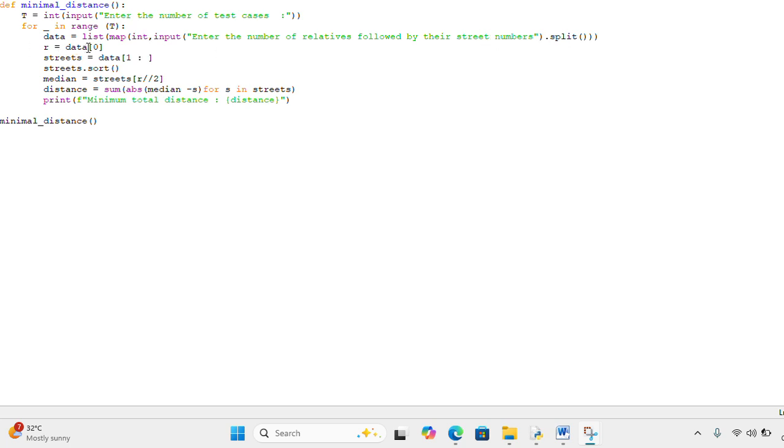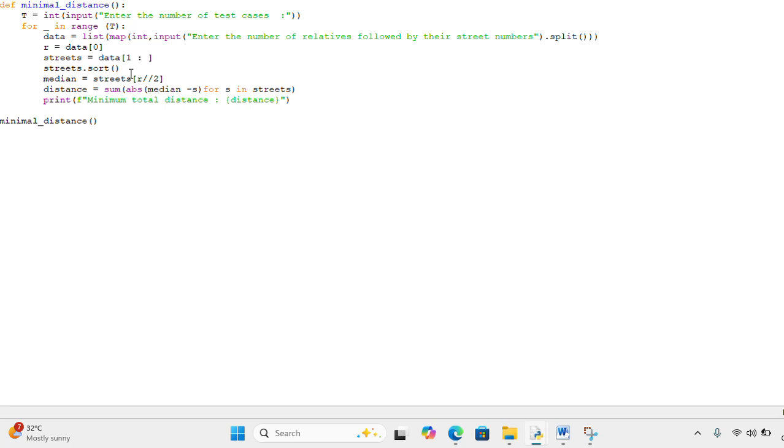Then r is the number of relatives, so the data at the zeroth index is considered as r, the number of relatives, and the streets are considered from index 1 onwards.